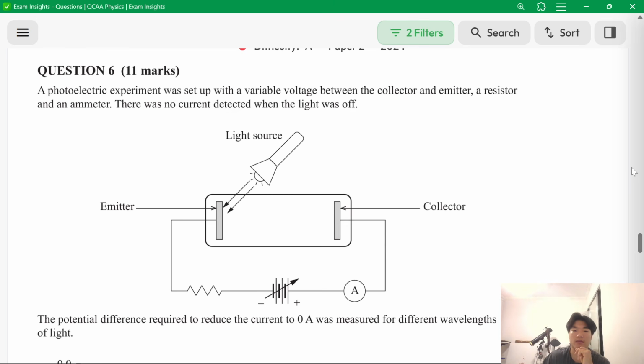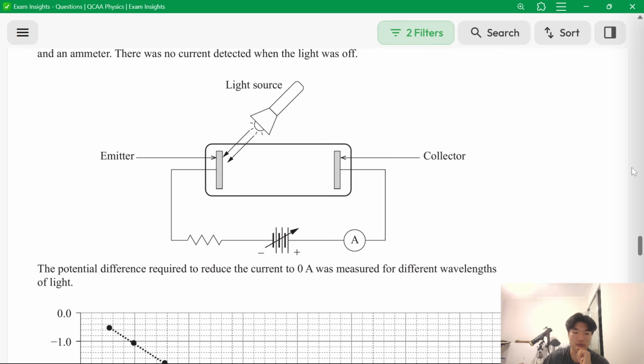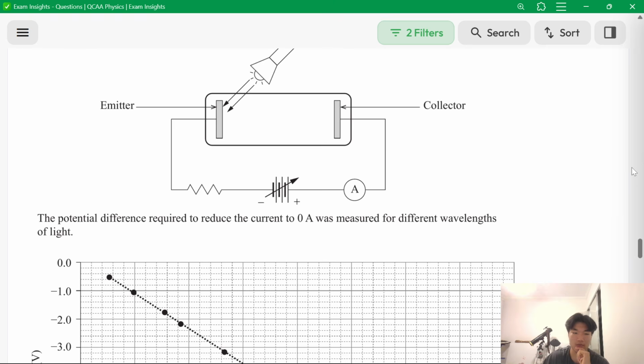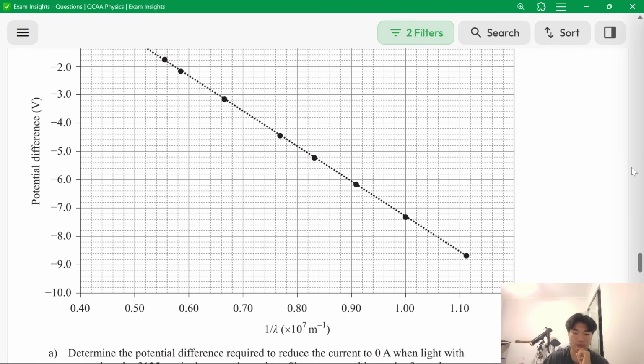Photoelectric effect experiment was set up with a variable voltage between the collector and emitter, a resistor, and an ammeter. There was no current detected when the light was off. The potential difference required to reduce the current to zero was measured for differing wavelengths.